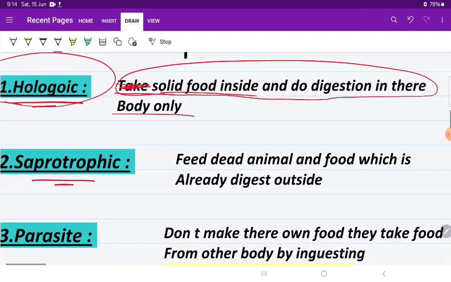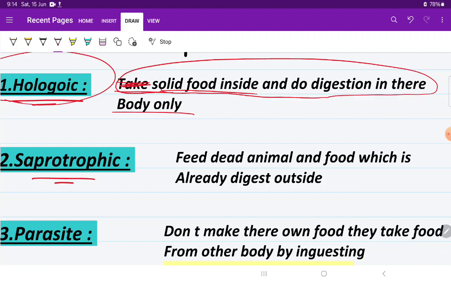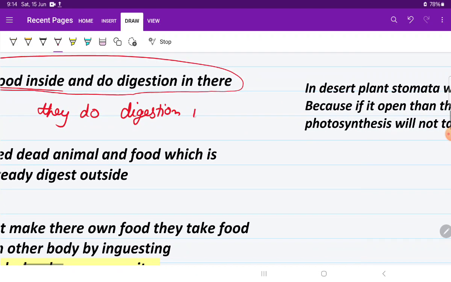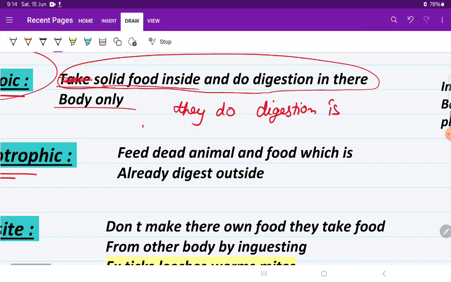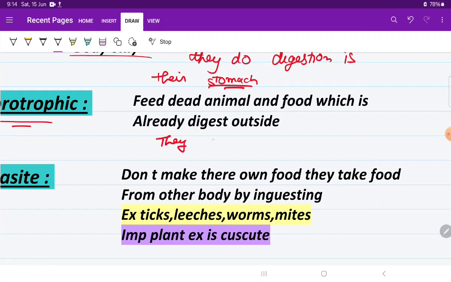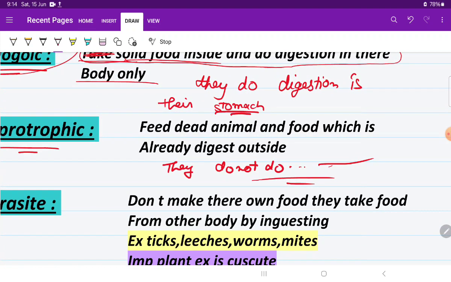And one more thing you can write in holozoic: they do digestion in their stomach. And they do not do digestion in the stomach; they take the digested food from the environment.